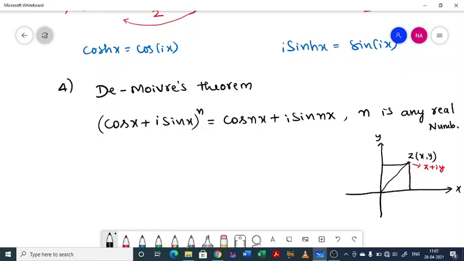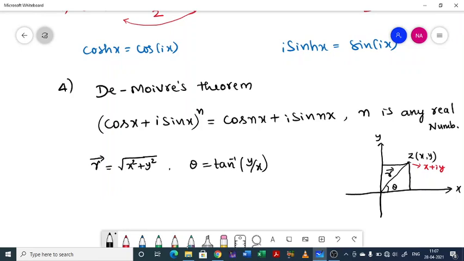Then we have these results. If you take this as the radius vector, you have studied polar curves in your first semester course, right? If you take this as the vectorial angle theta, then r will be square root of x square plus y square, and theta will be tan inverse of y by x. This is exactly similar to the relation between Cartesian coordinates and polar coordinates that we discussed under polar curves.